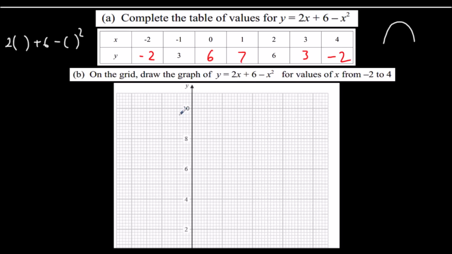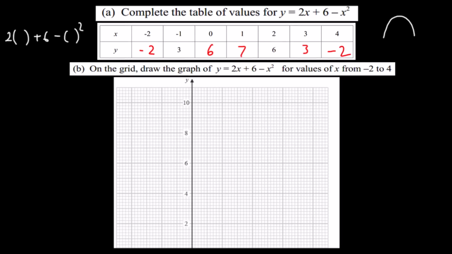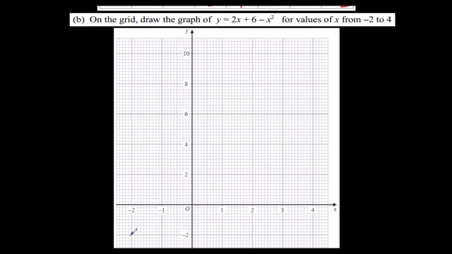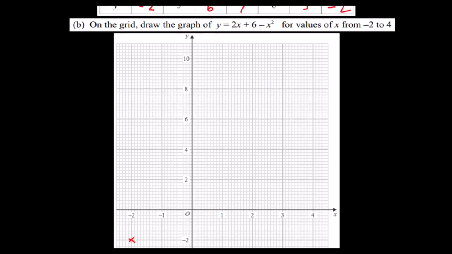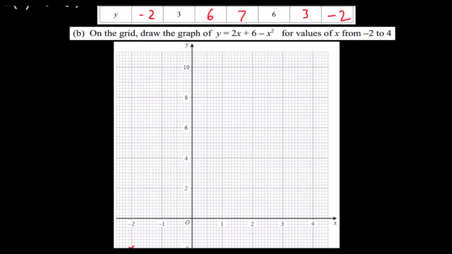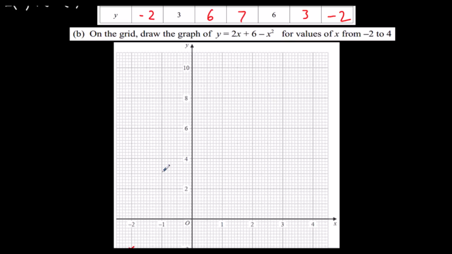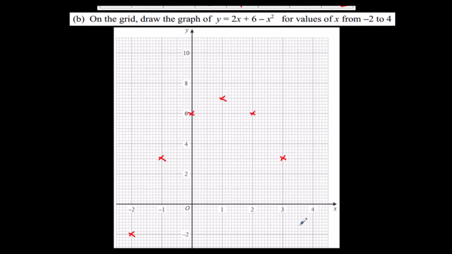So we can plot these on. So -2, -2, -1, 3, 0, 6, 1, 7, 2, 6, 3, 3, and 4, -2.